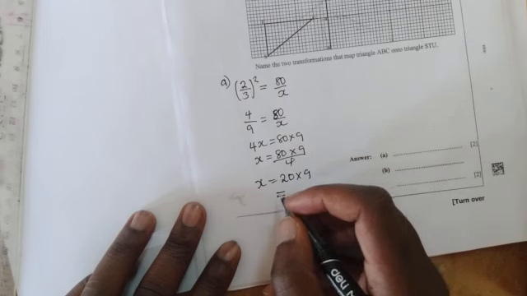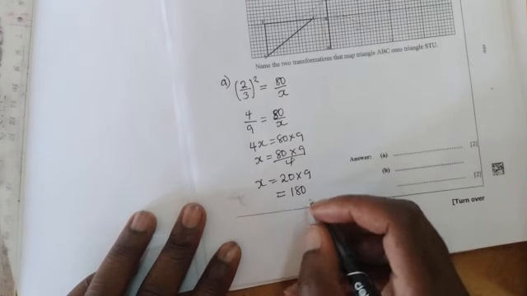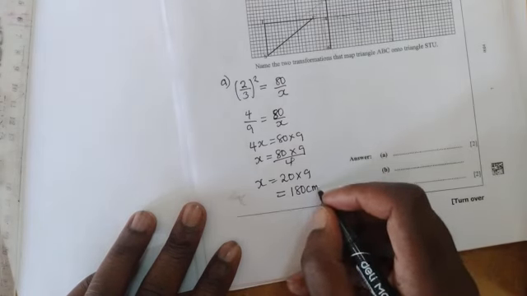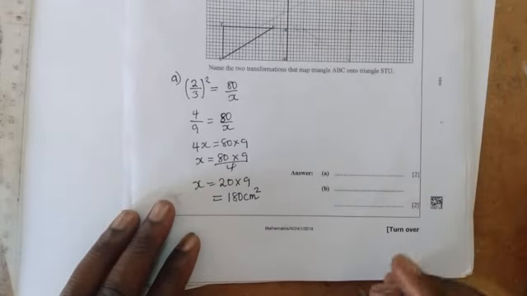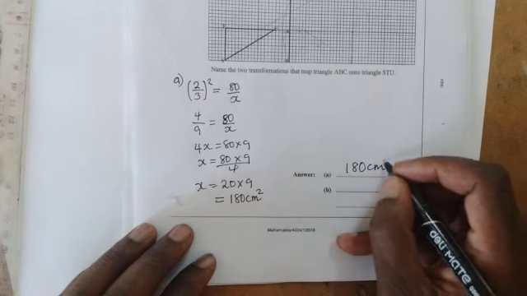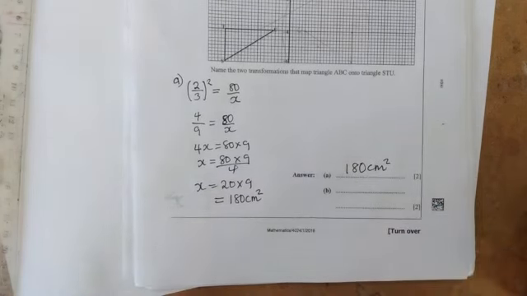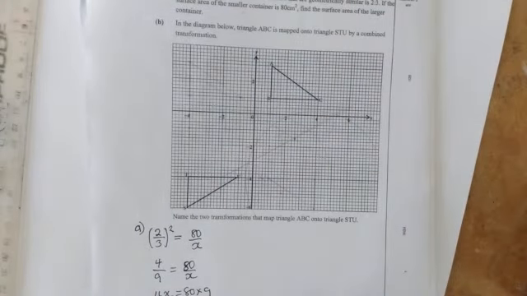What are we getting? We're going to get 180. Okay. So this is going to be 180 centimeters squared. Okay. So I think that is what we're going to get here. 180 centimeter squared. Okay. So now we are going to be on Lesson B, in the diagram below, triangle ABC is mapped onto triangle S.